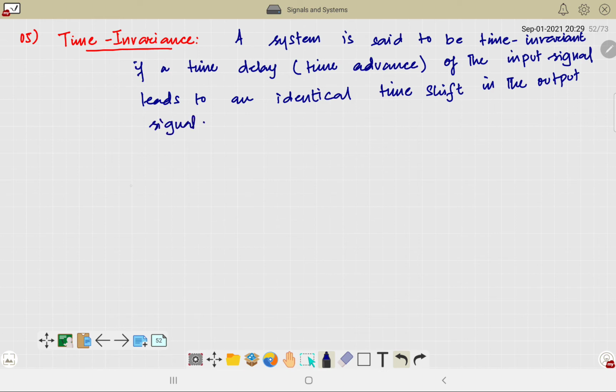So it means I have a system, it has some system property h, I'm feeding an input x of t and it is giving me output y of t. Right?